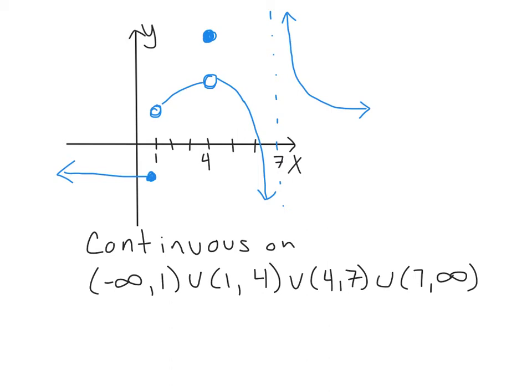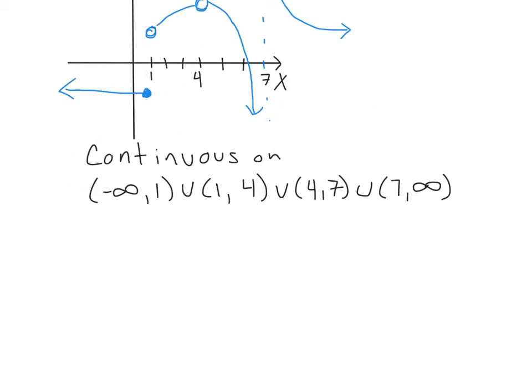A question that you might get asked on a problem like this is, where is the function not continuous and why? So this function is not continuous just at 3 different x values. So at x equals 1, we have a jump discontinuity.